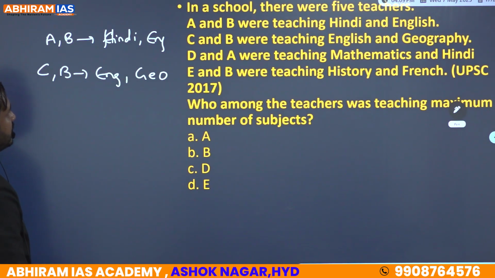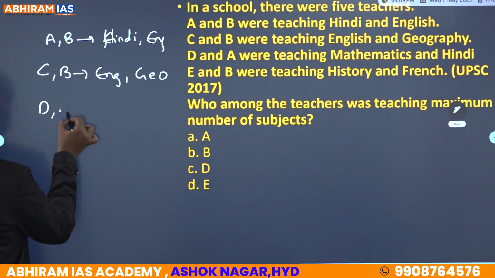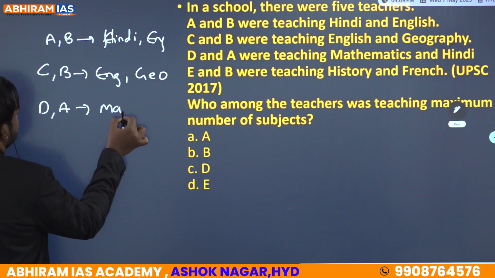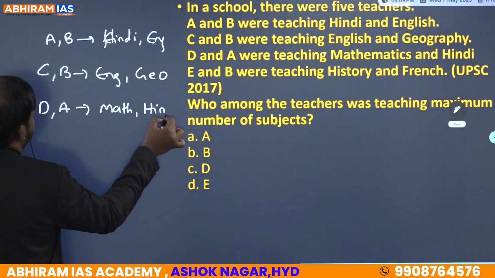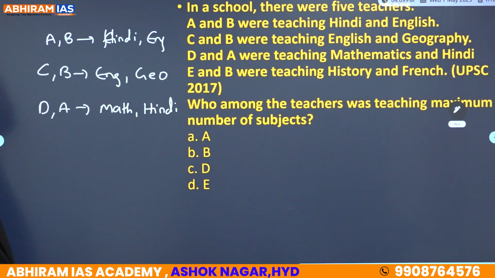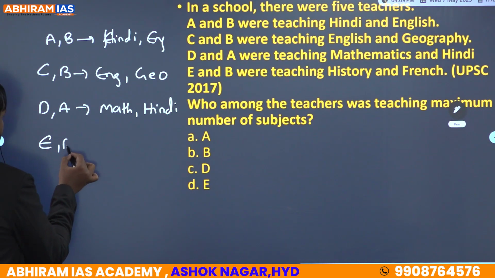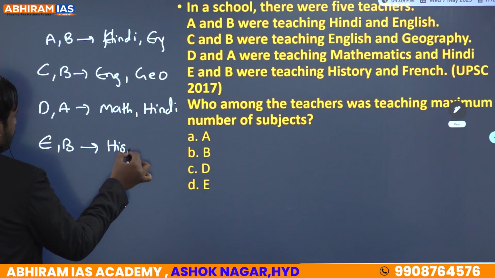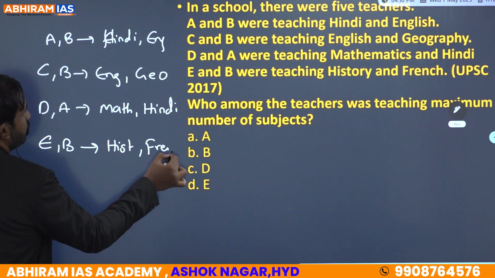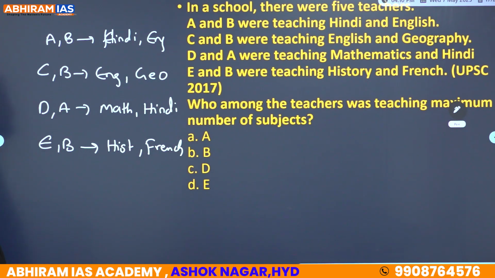D and A are teaching mathematics and Hindi. E and B teach history and French. Now who among the teachers was teaching the maximum number of subjects?